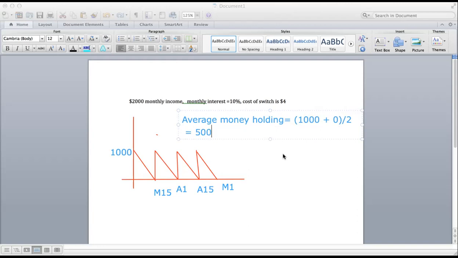So the average money holding through every month is $500.